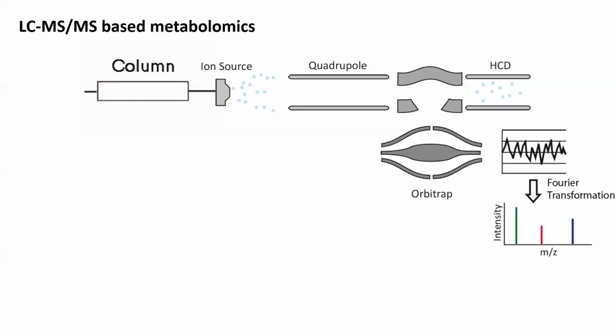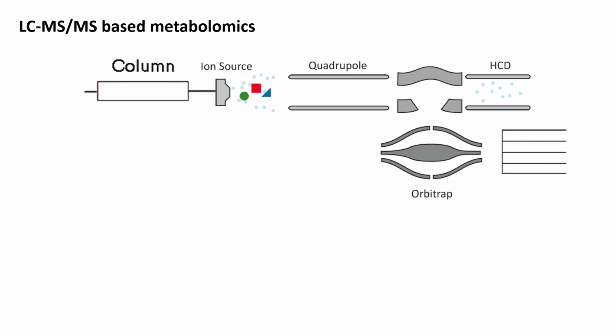I won't go through that because Allegra already did. Basically, we ionize molecules and have them charged in order to be analyzed. We are not analyzing the molecule itself, but adducts, which can be protonated adducts, sodium adducts, potassium adducts, and so on.